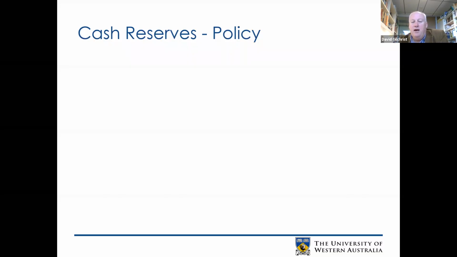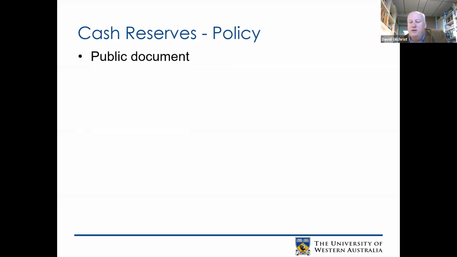So what are the attributes of a sound cash reserves policy? Well, the first attribute is that I think it's really valuable for it to be a public document. And that's important for stakeholders and members of organisations, not only to give them an understanding of what the governance is around those reserves, but as part of that communications process I talked about before, where if you've got too much money, it can be difficult for philanthropists and others to consider applications for funding because they feel that you've got enough cash.